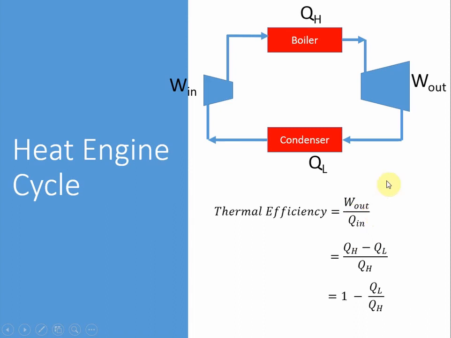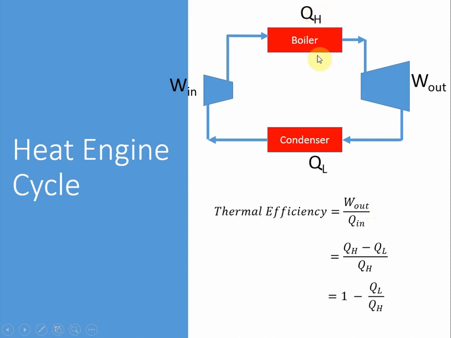In this heat engine cycle, the desired output is the work output. Of course, it is the net work output of the heat engine cycle. And Q in is the heat input in order to get that work output. Q in is in fact QH, that is the heat input.